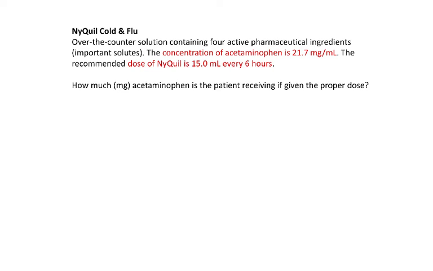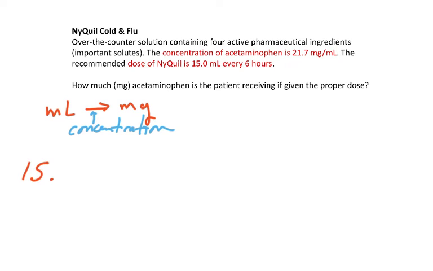So to find the milligrams of acetaminophen given the volume, we can do a conversion, and that conversion will be based on the concentration. We want to convert from milliliters into milligrams, so we will write that conversion with milligrams on top.